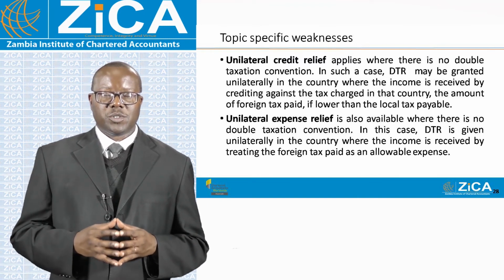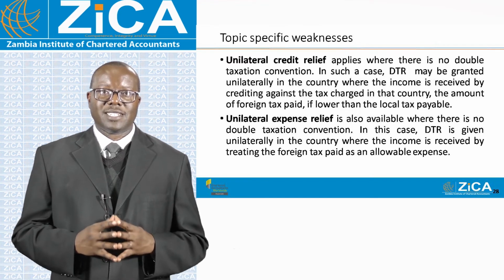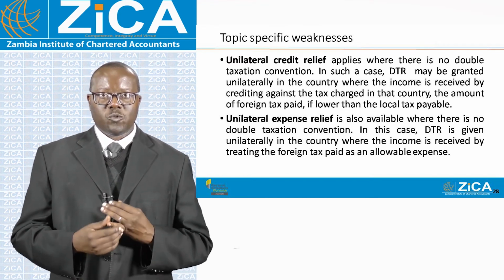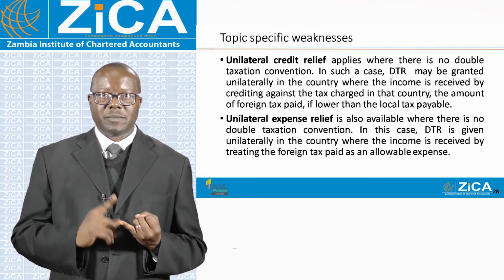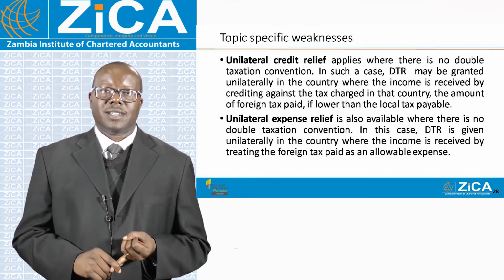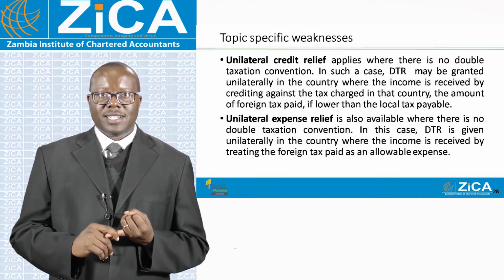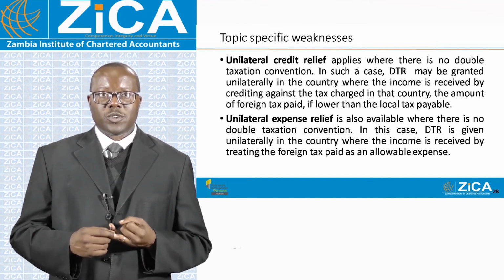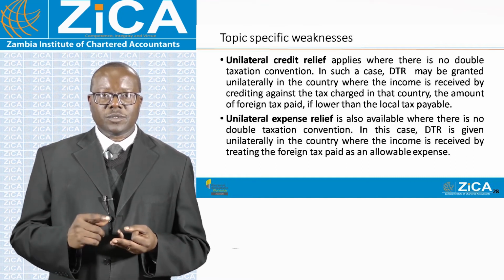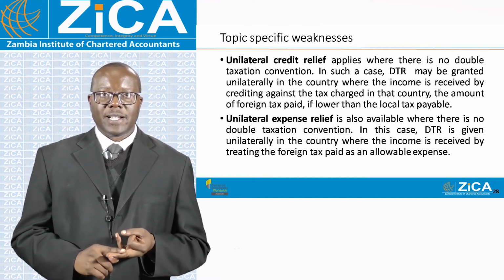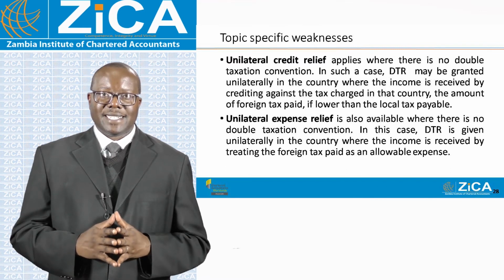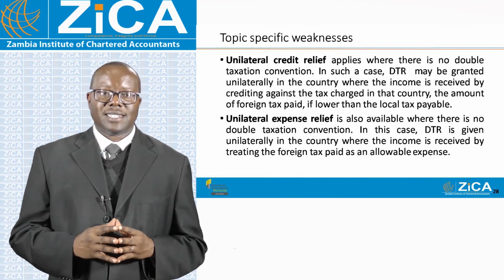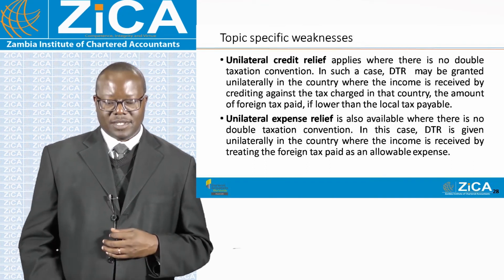So methods available for granting double taxation relief are treaty relief, which applies where there is a double taxation convention, and unilateral relief, which may be unilateral credit relief or unilateral expense relief, which apply where a treaty does not exist between the two states involved.